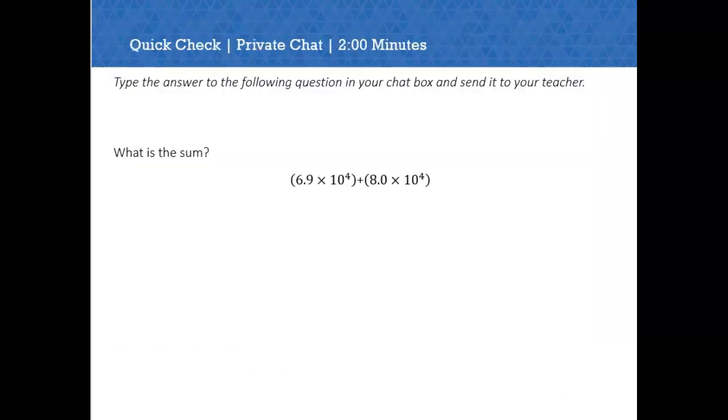So previously to this, we added and subtracted, and before we could do that, we needed to make sure we had the same power of 10. So when we add 6.9 and 8.0, 6.9 plus 8.0, we get 14.9 times 10 to the fourth.